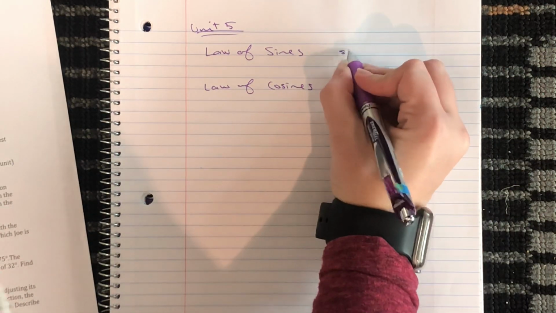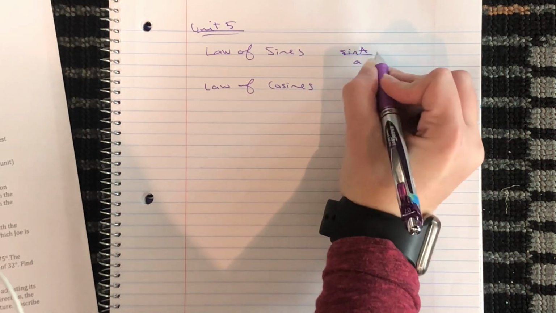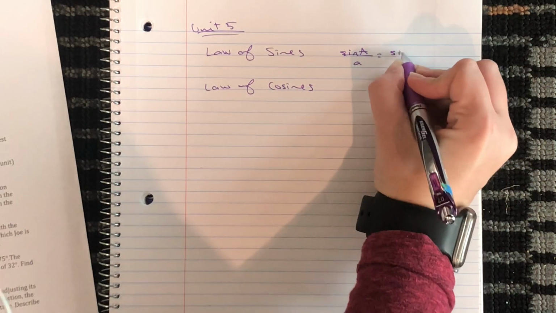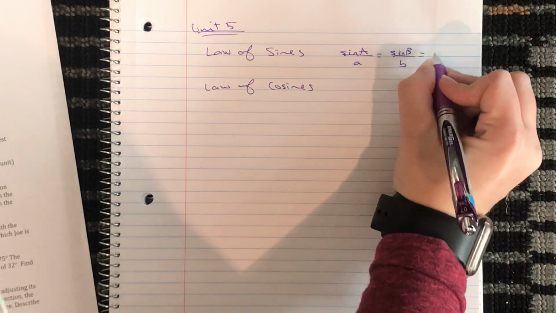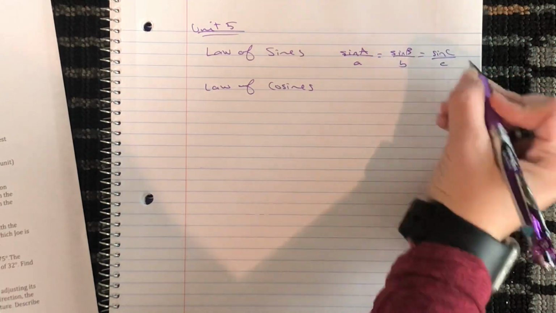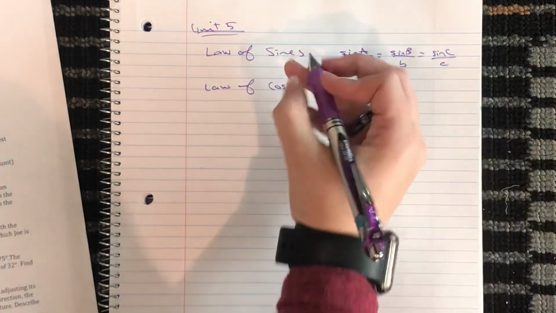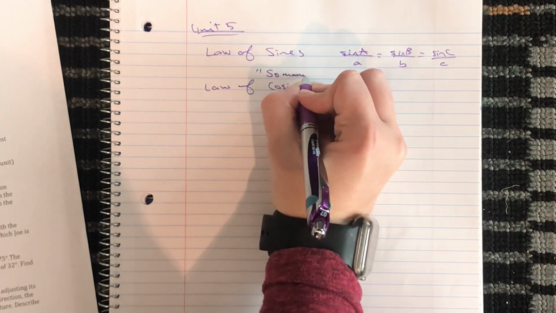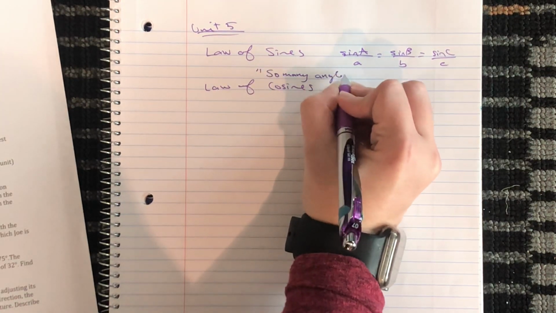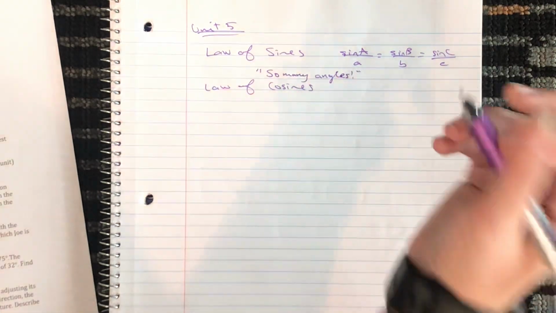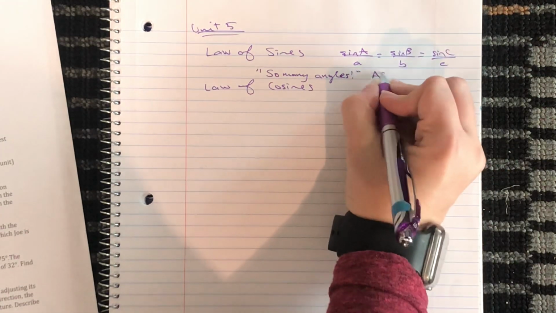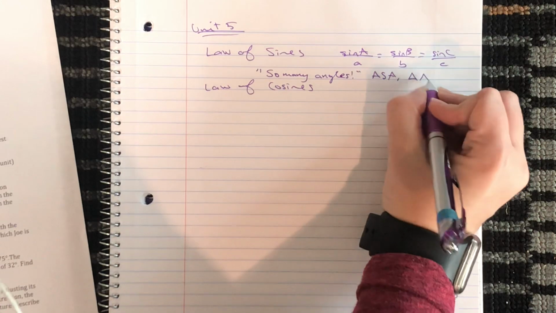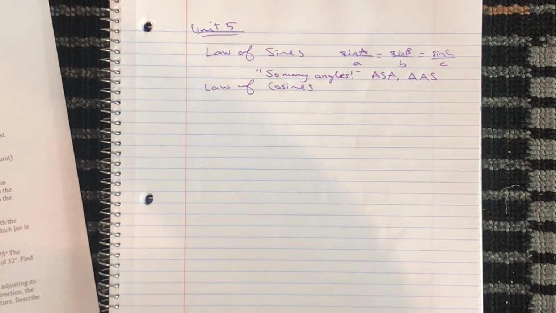We got sine of angle A divided by A, sine of angle B divided by B, sine of angle C divided by C. Any triangle at any point, but this is when we have so many angles. You've got to have something like ASA or AAS to use law of sines appropriately.